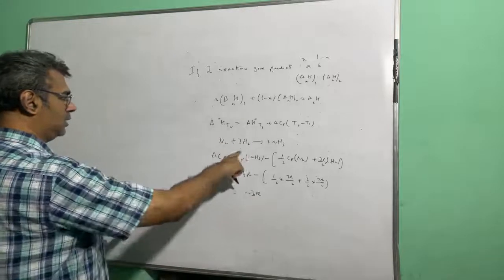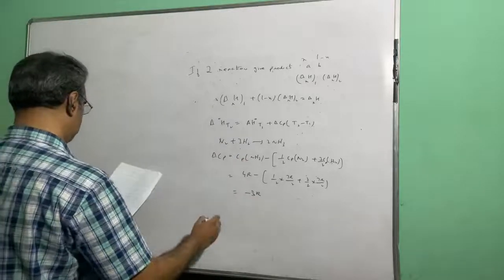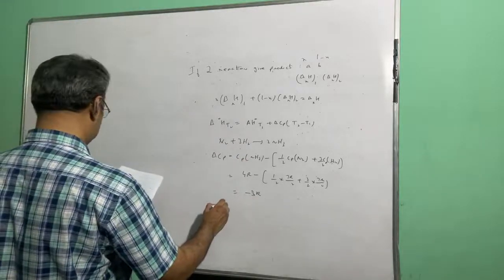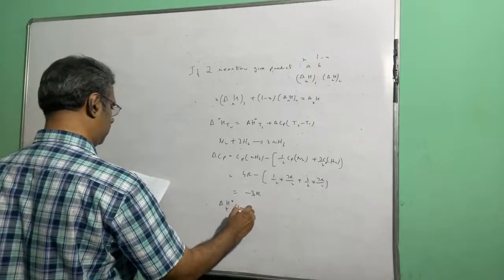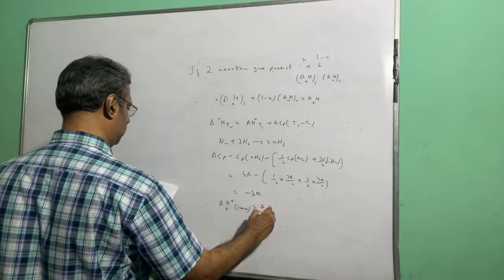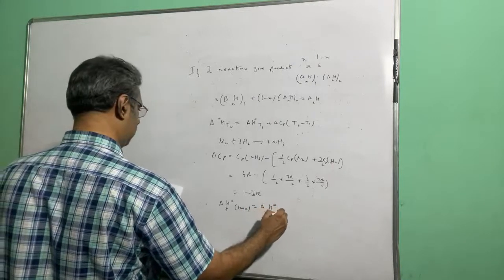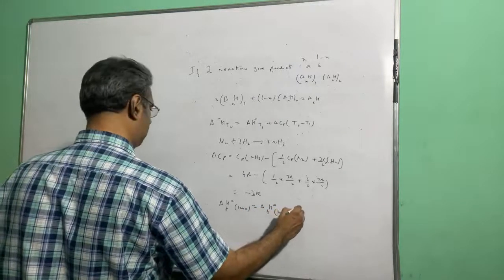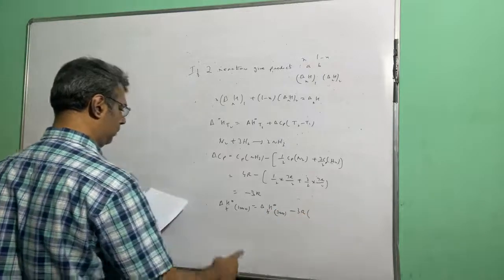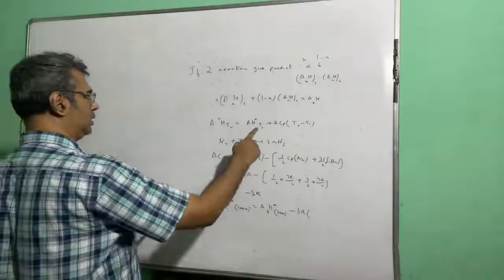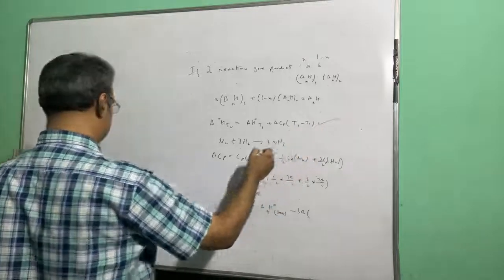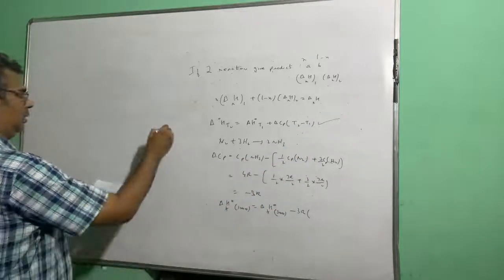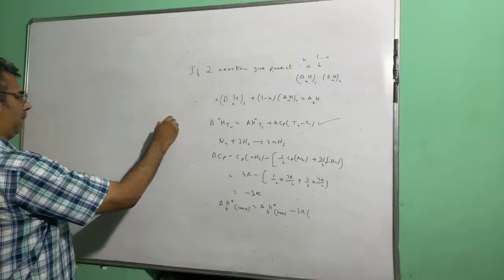Now suppose for this reaction you know the heat of formation at 300 Kelvin, then how will you find the heat of formation at 1000 Kelvin? You just apply this formula. Actually this formula is called Kirchhoff's equation.